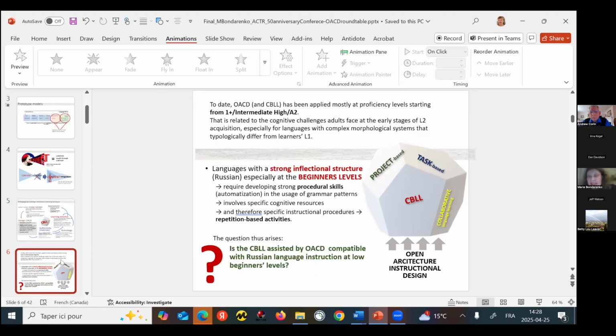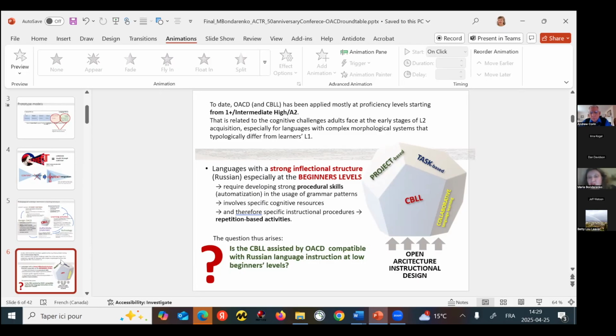OECD integrated into CBLL has been applied mostly at a low proficiency level, starting from intermediate. That is related to the cognitive challenges the learners face at the early stages of second language acquisition, especially for languages with complex morphological structures that typologically differ from learners' first language.